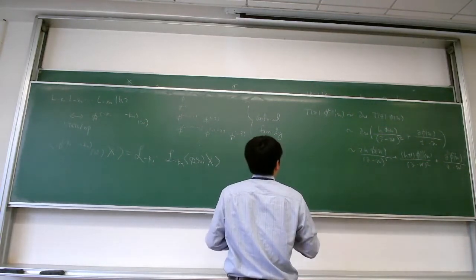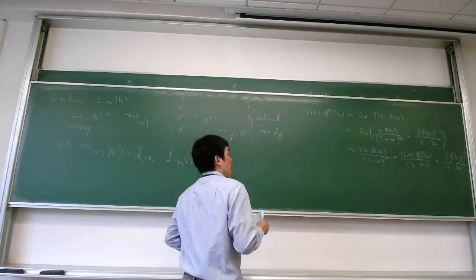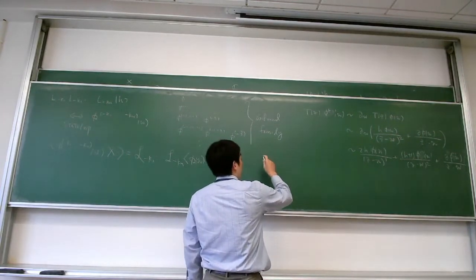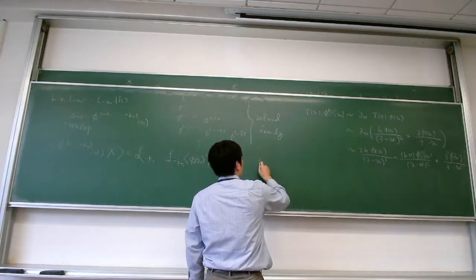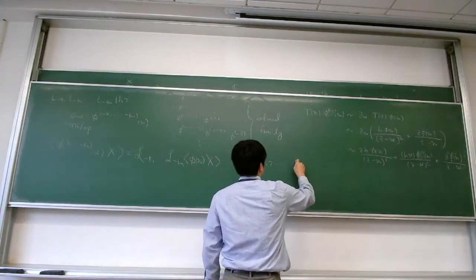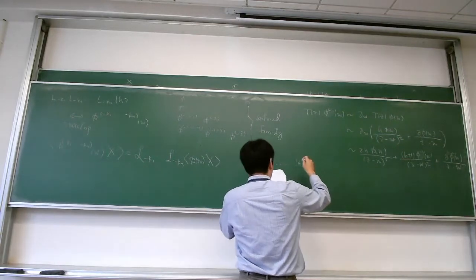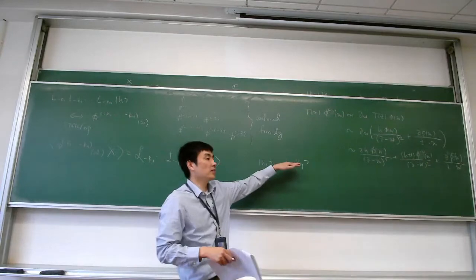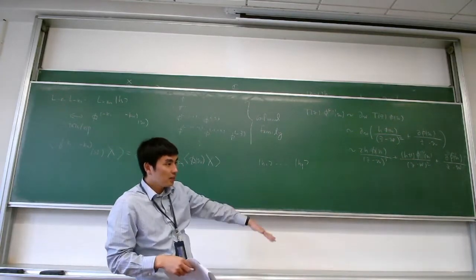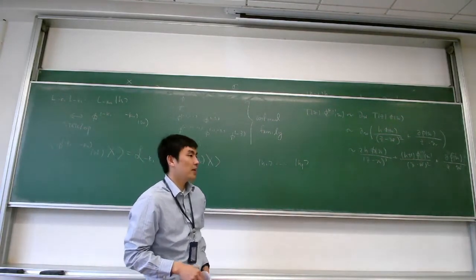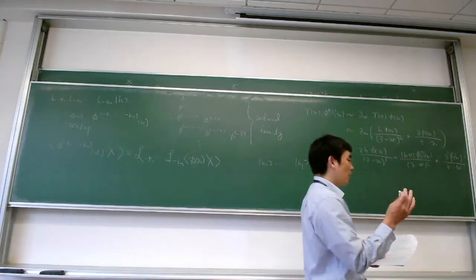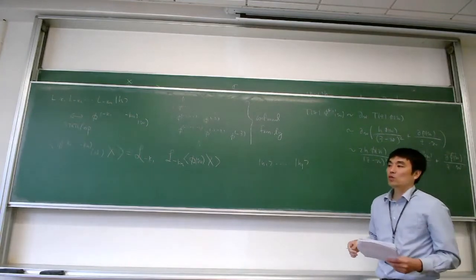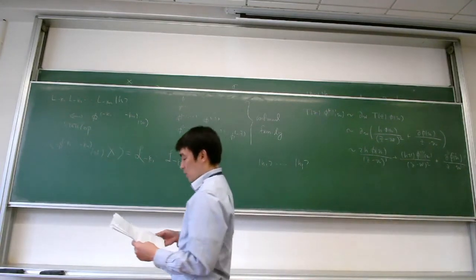Which means that you only have finitely many primary states, H1 up to HP, and you have descendants. But now it's not a simple Verma module. You have to somehow throw away the so-called null states or singular vectors.